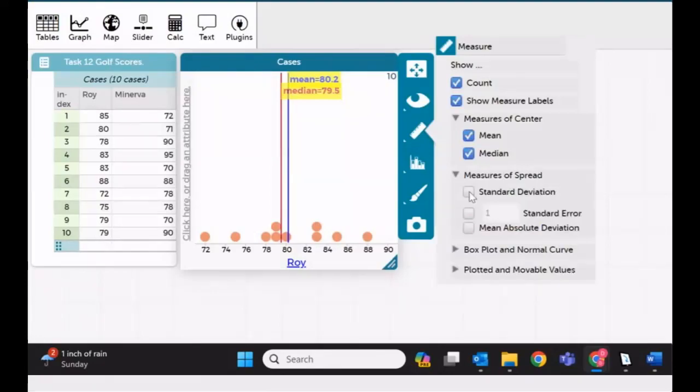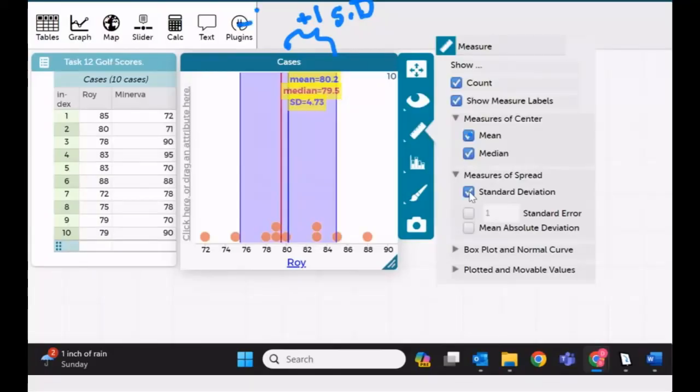Maybe I want to show this measure of spread. Okay. If you remember, and I'm guessing several of you don't, this right here goes from, I forgot, the mean. This is +1 standard deviation.